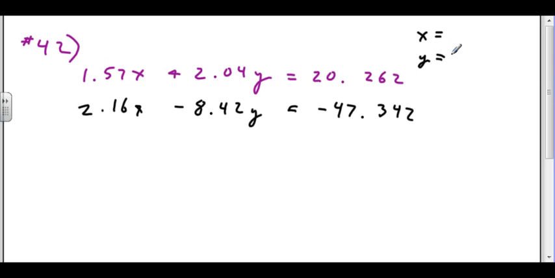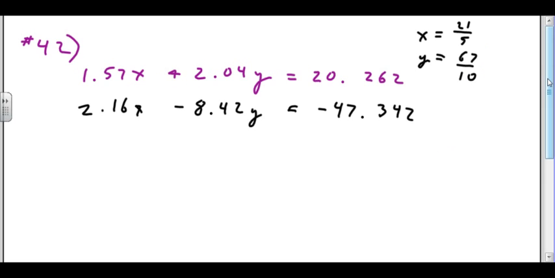Next guy, 2.16 plus, no, minus 8.42 minus 47.342. Boom, solve. 21 over 5 and 67 over 10. 21 over 5, 67 over 10.